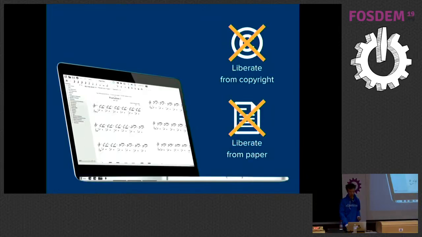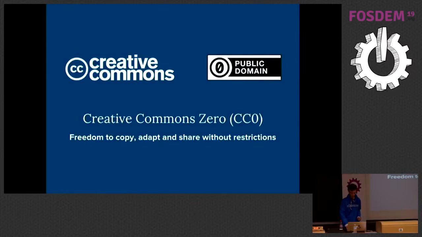So we're trying to liberate music from copyright and liberate it from paper. The liberation from paper is covered by the XML conversion, and the liberation from copyright is done by publishing all of the transcriptions under Creative Commons 0. So they're effectively fast-tracked into the public domain, so there's complete freedom to adapt them and share them.